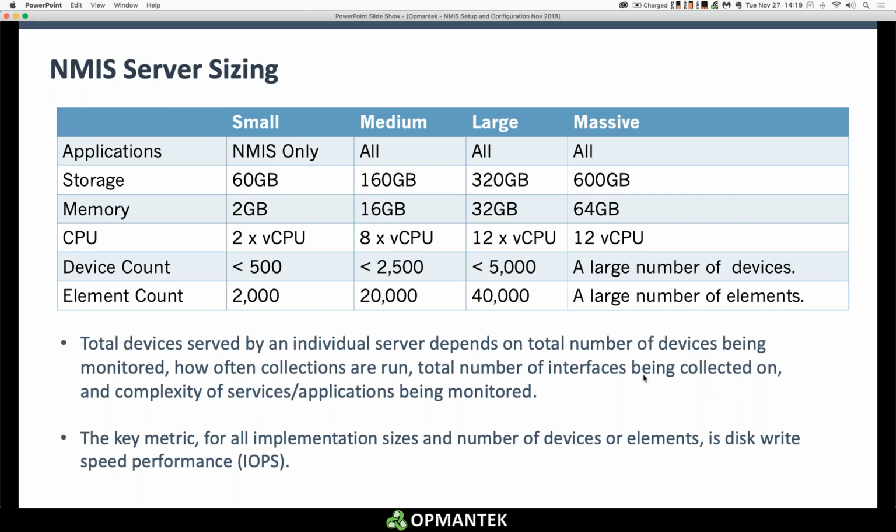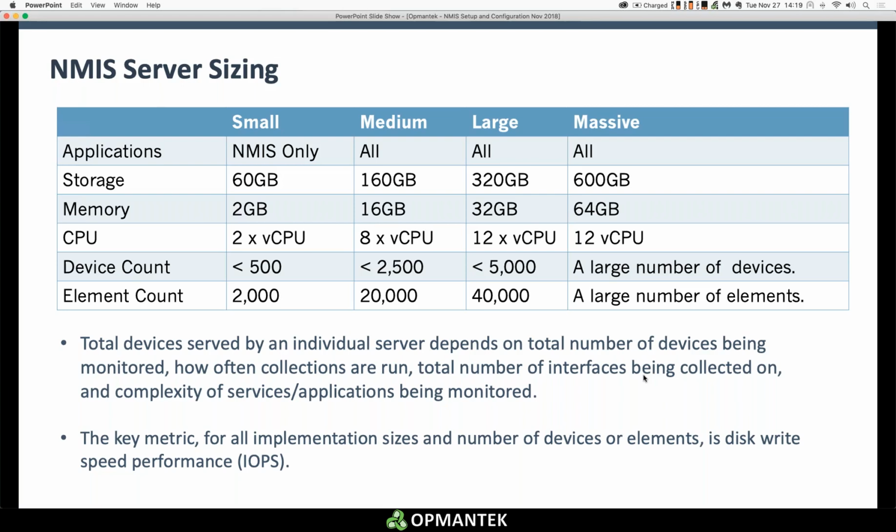That'll handle upwards of 5,000 devices. And so we have several clients now, again, ISPs, managed service providers, who have large implementations, 25, 30 NMIS servers running at that large specification, each one handling between 3,000 and 5,000 devices, again, depending on the total number of really interfaces being collected on.